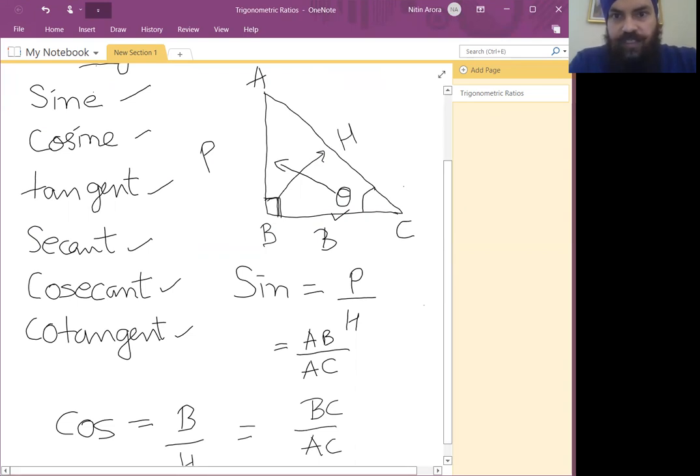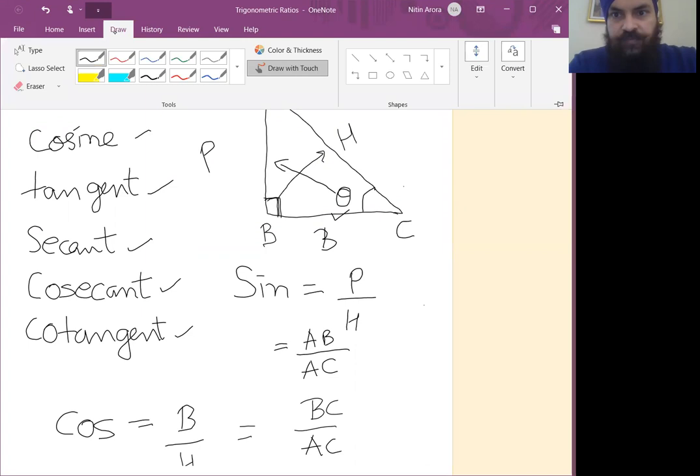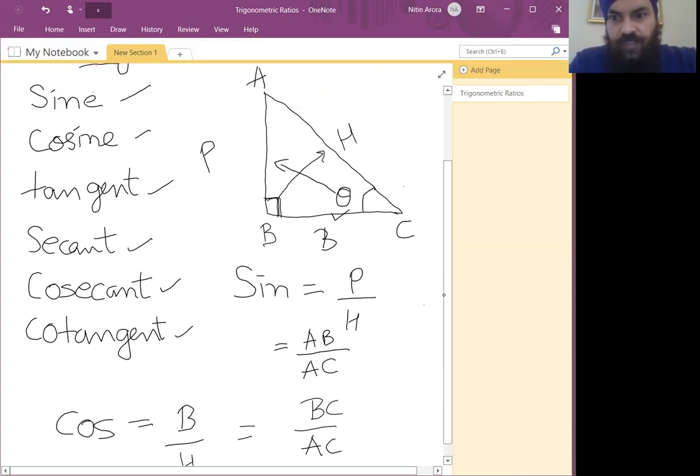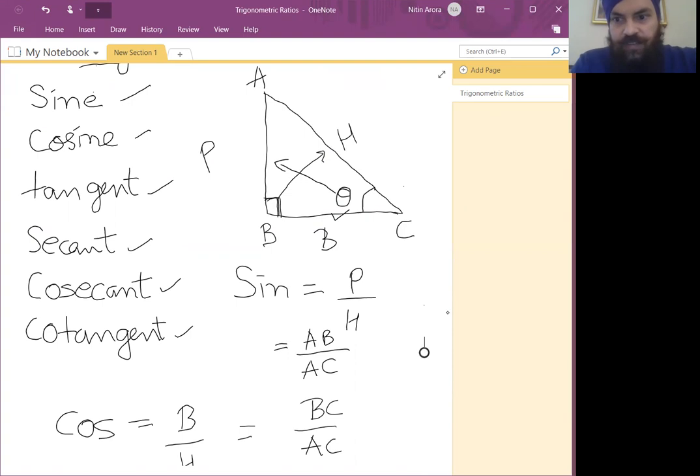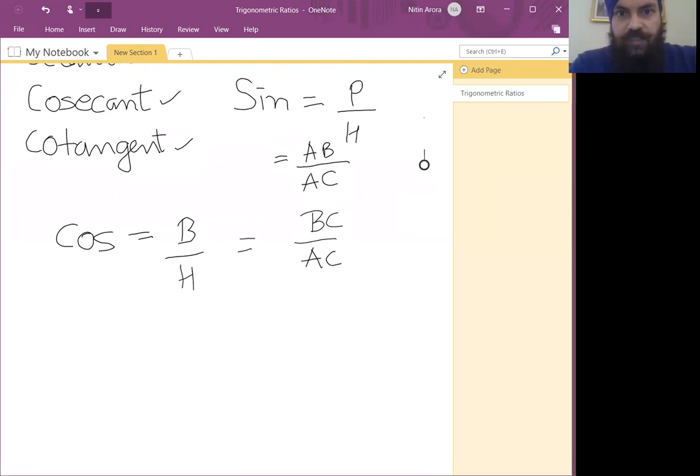Now the next trigonometric ratio is tangent, which in short is written as TAN.